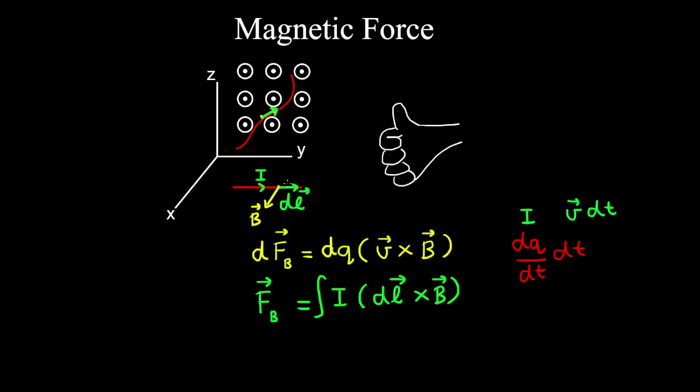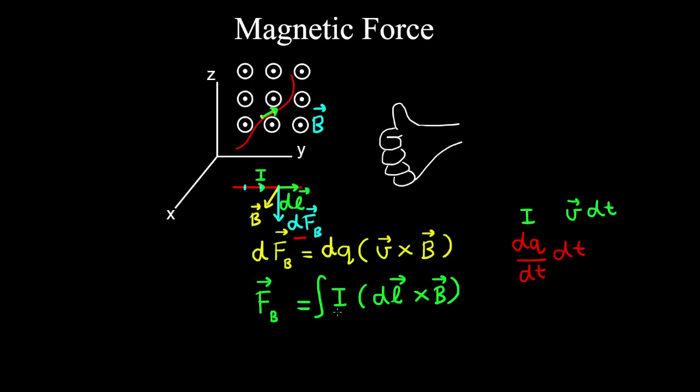So by the right hand rule, dl cross B is going to result in a magnetic force vector that's pulling downwards on that wire at this location. And then if we integrate along the length of the wire, we obtain a net force exerted on the wire due to this magnetic field. So again, we obtain a direction of the force using the right hand rule.